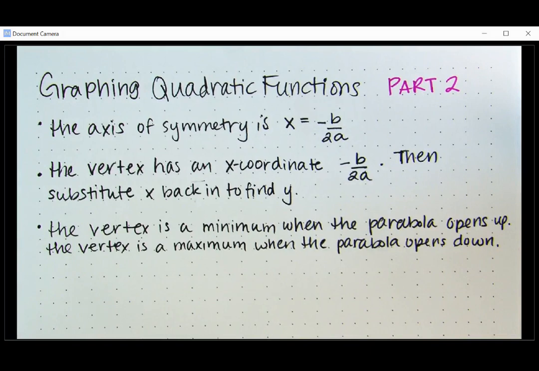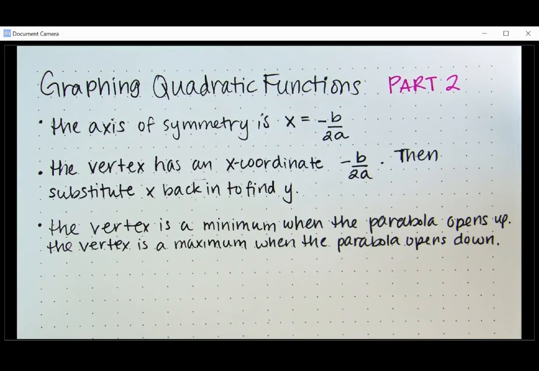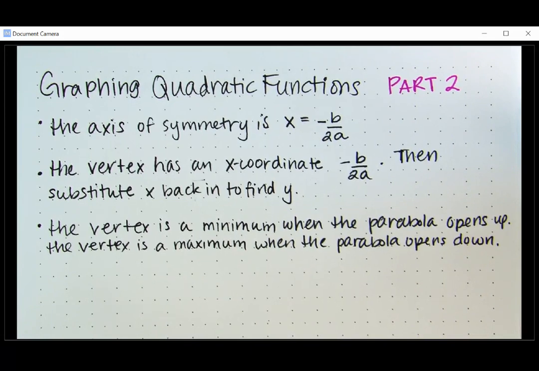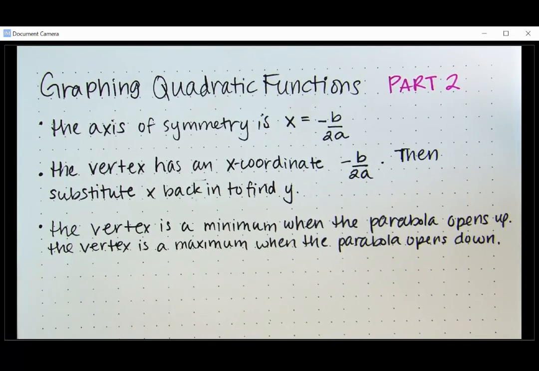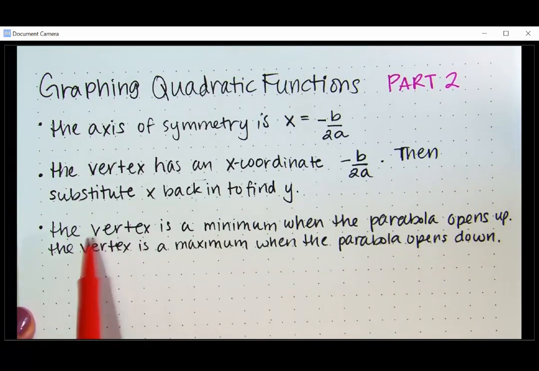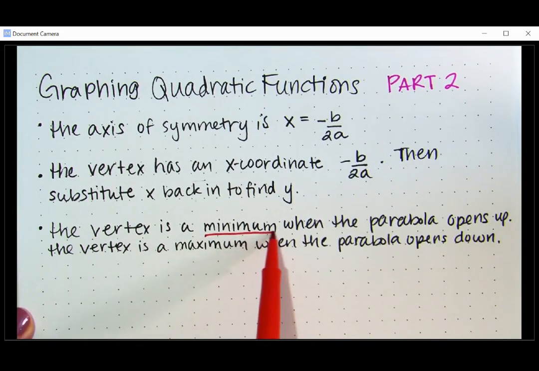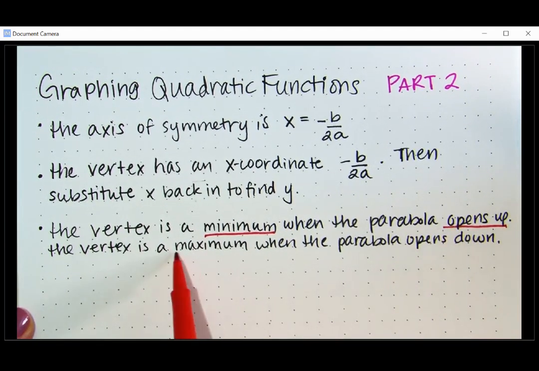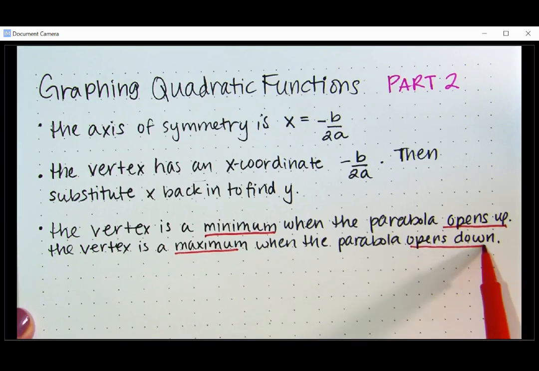So with our parabolas, these U-shaped graphs, the U shape is either going to open up or open down. And that vertex is either the smallest y value or the largest y value, right? Let me underline these. So it's a minimum when it opens up, it's a maximum when it opens down.